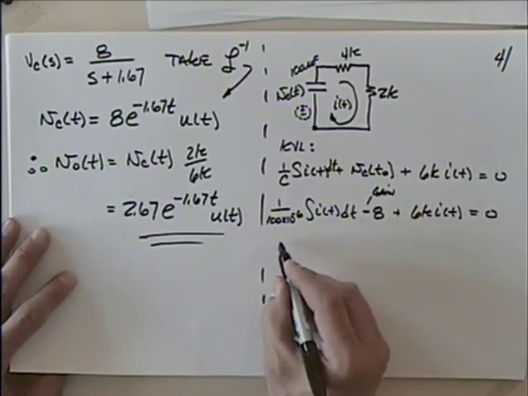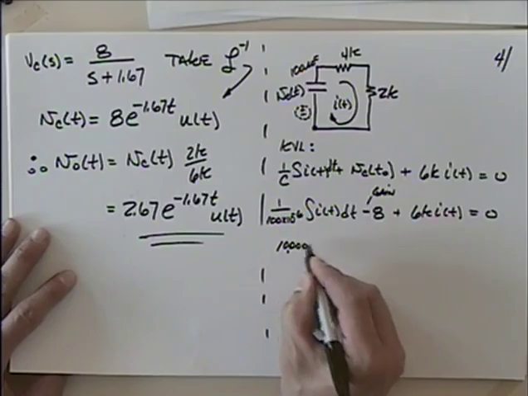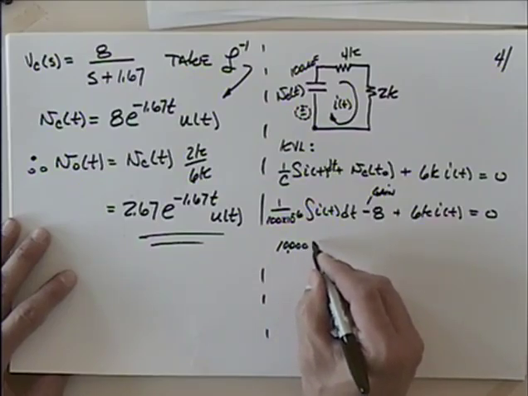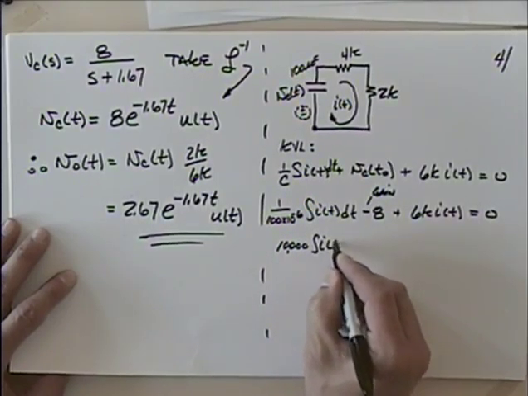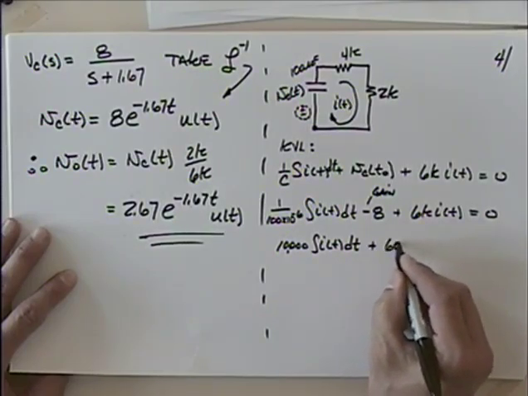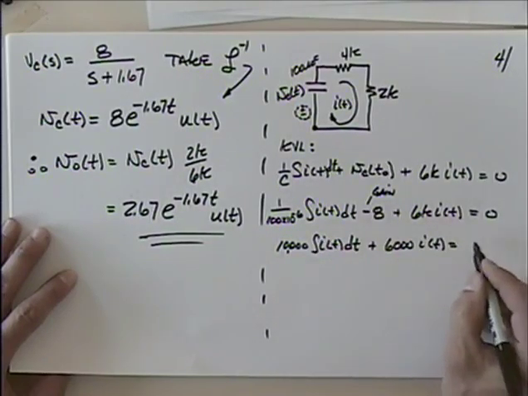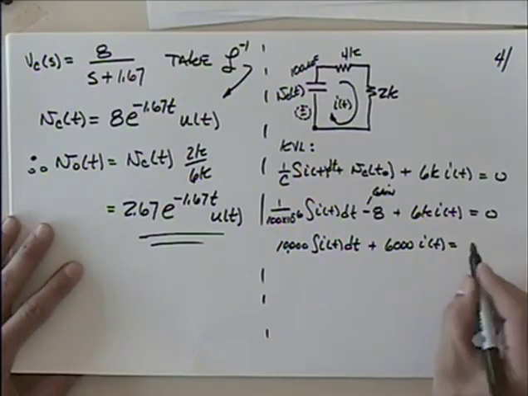So I go through some math there. This turns out to be 10,000 times the integral I of t dt plus 6,000 I of t is equal to, I'll move that negative 8 to the other side, and I have a positive 8, right?